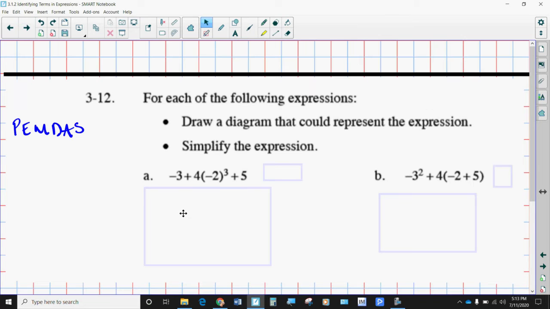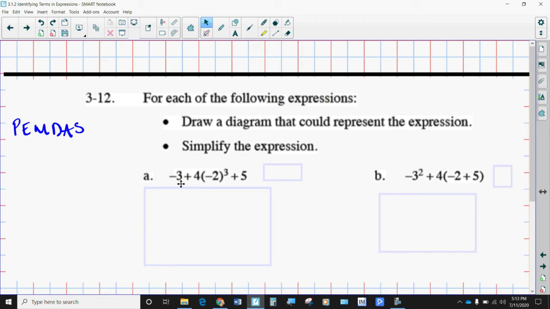All right, so I'm going to say don't draw these out. I didn't do that. It was a little bit complicated, and I'd rather not spend the time doing it with the more complicated expressions. We'll get a chance to do some diagrams with integer tiles a little bit later in this lesson, but let's not do it for these.